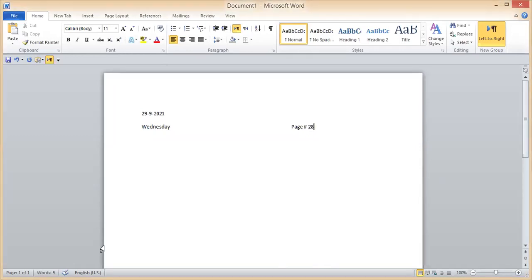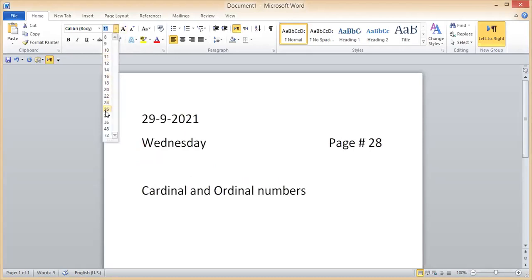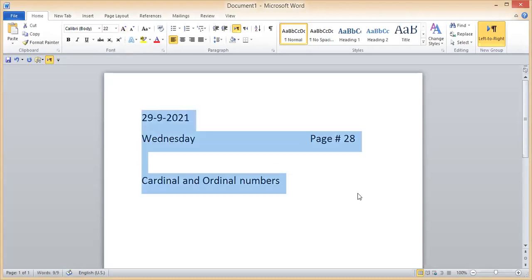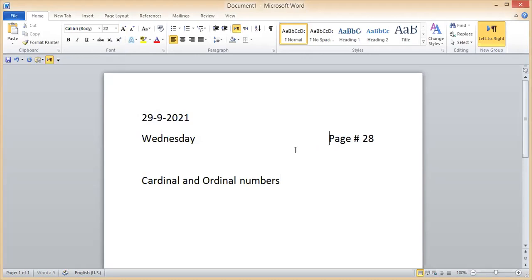On the top of the page, write it, guys. The topic name is cardinal and ordinal numbers.